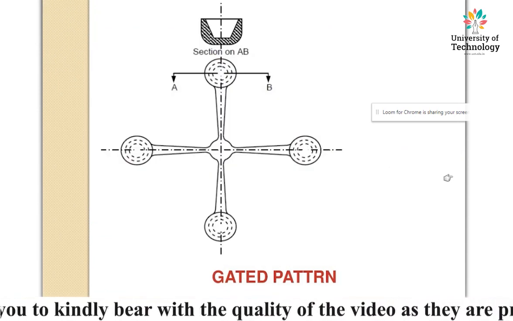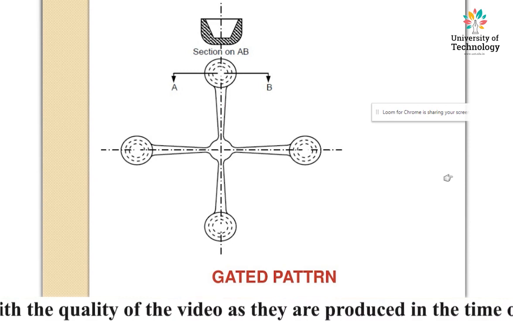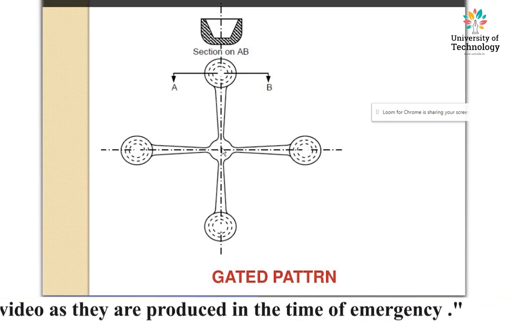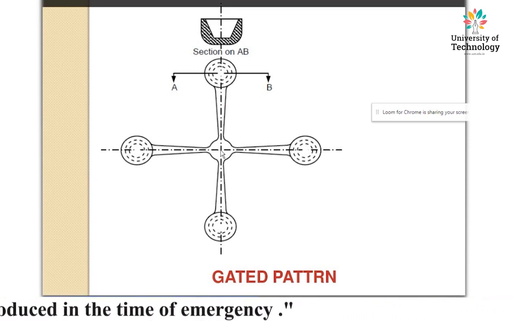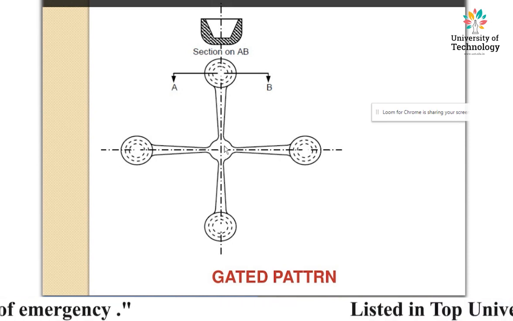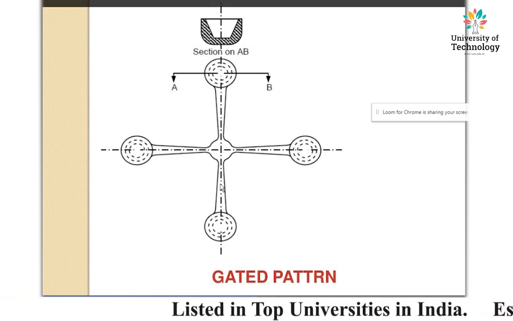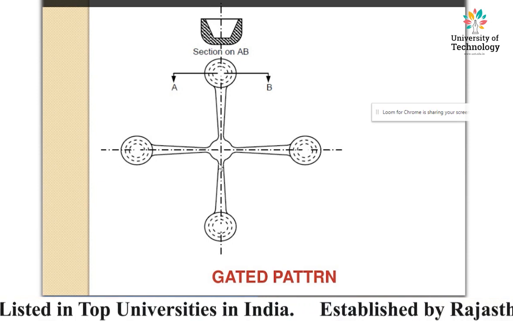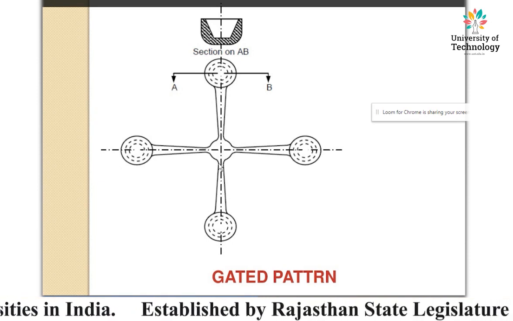Also here is a 2D diagram of the gating system, with the center for pouring the molten metal, and four directions, or four gates, for pouring molten metal in this casting.